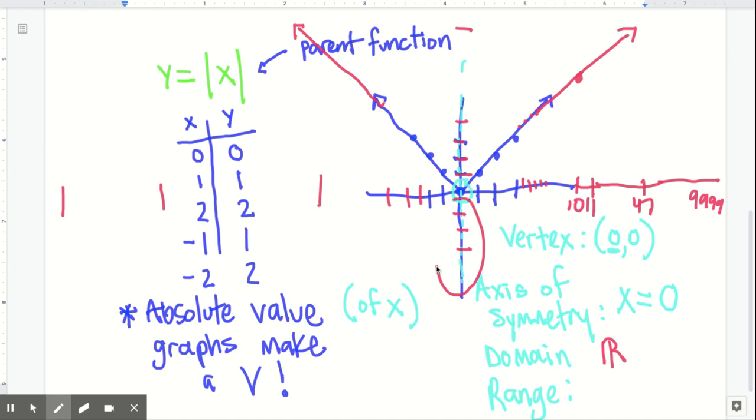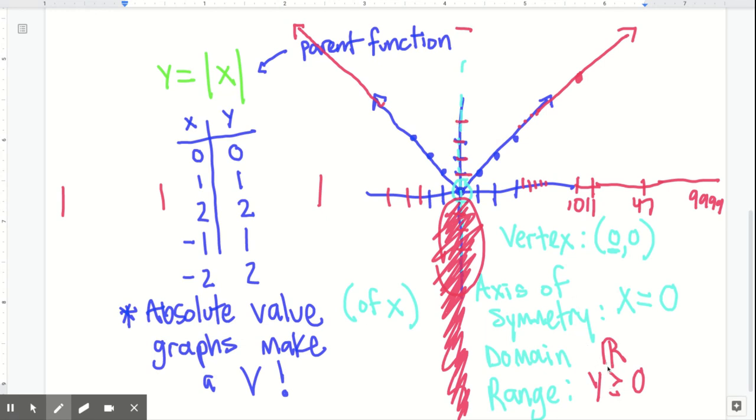Because the graph is angled upwards right here, it will never, ever, ever use y tick marks down here. So those tick marks don't matter for my y. The y's that I actually use start at 0 and they go higher than 0. So I'm going to put for my range, y is greater than or equal to 0. The y's on this picture are from 0 and above.